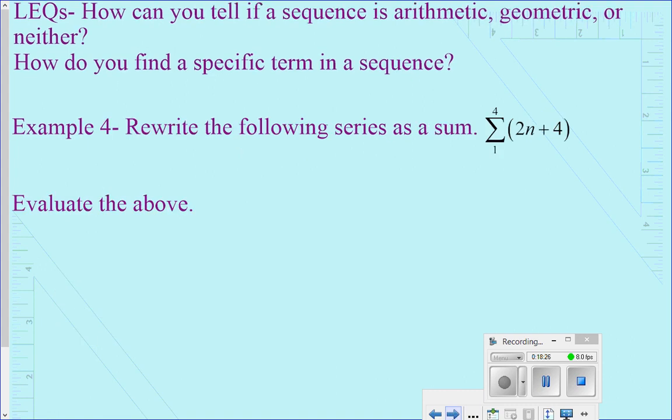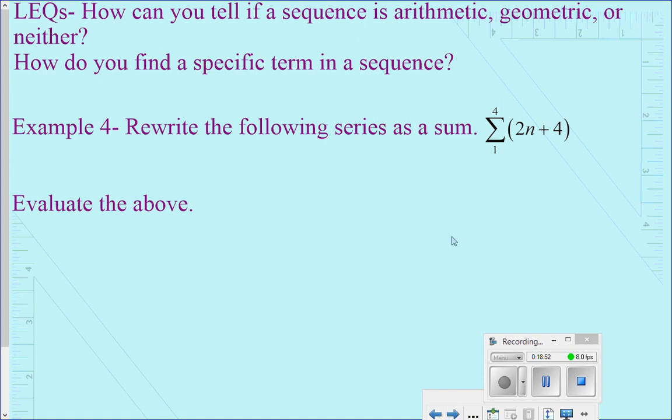Okay, let's try this one. Okay, so now we've talked about series. Well, now we need to talk about how we would rewrite series in summation notation, or what we call sigma notation. So in this problem, we have this sigma. That symbol there is the Greek letter sigma. And when you see that symbol in math, it means that you're going to sum or add whatever follows.